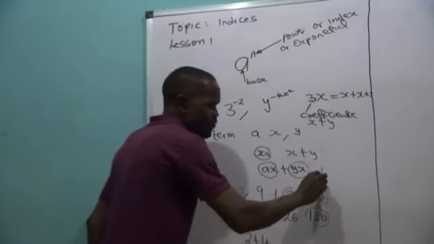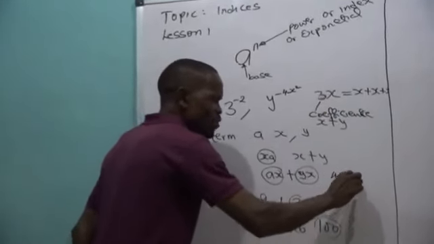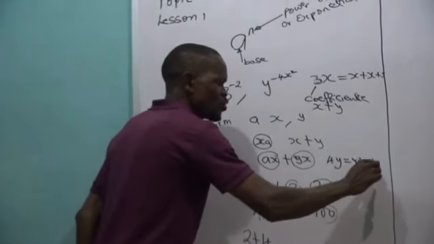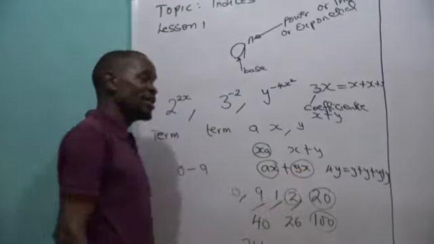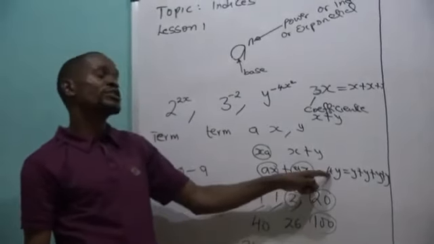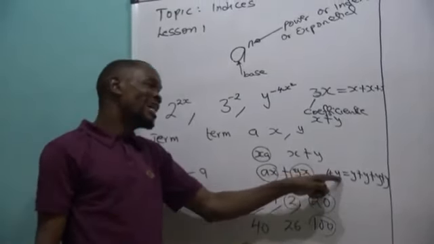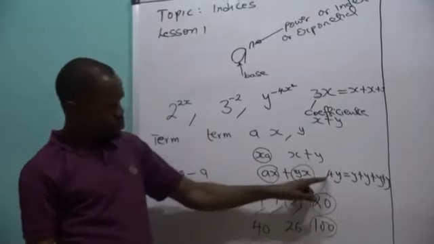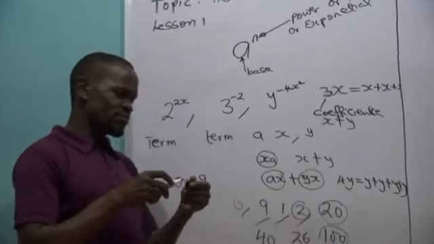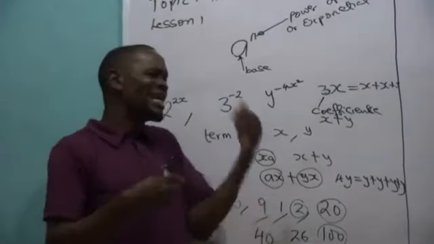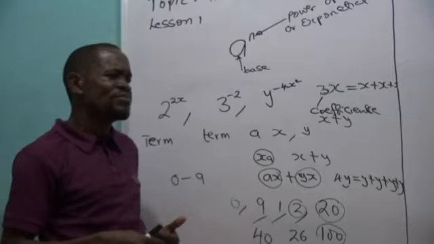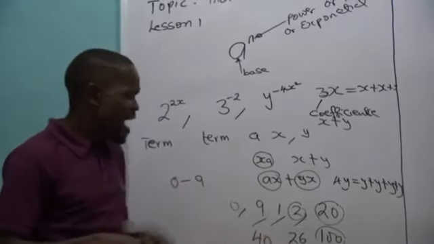Just like when I have 4y, it simply means y plus y plus y plus y, which is 4y. Because it is already associated with an alphabet, it is no more a term, it became a coefficient. So what we are trying to get here is that the coefficient tells me how many terms I added or I have.